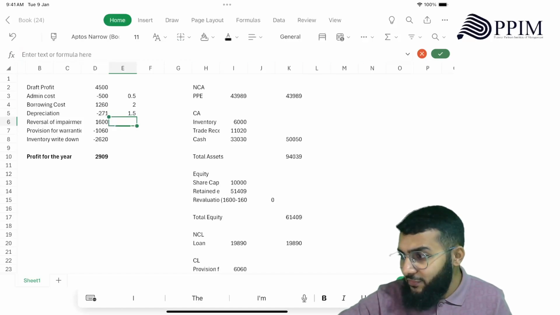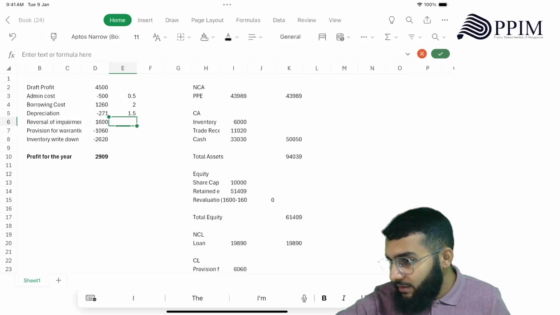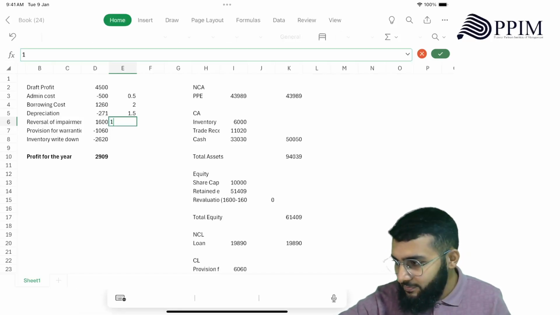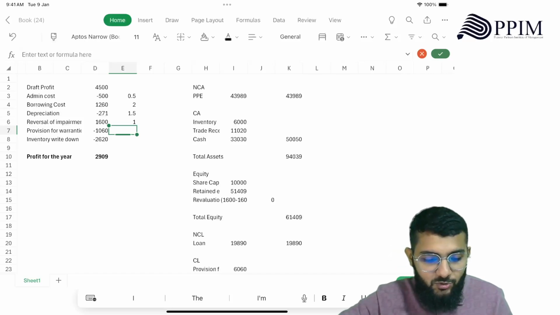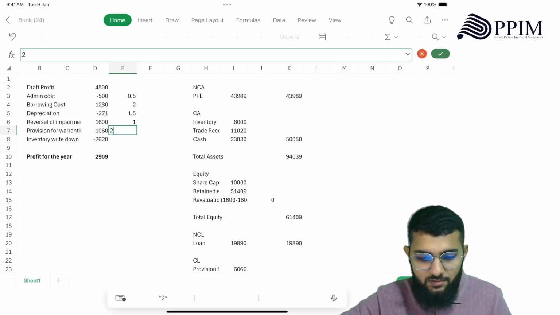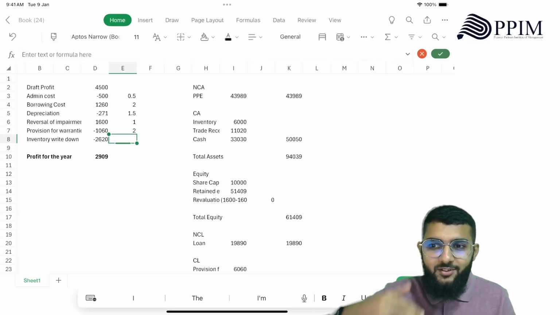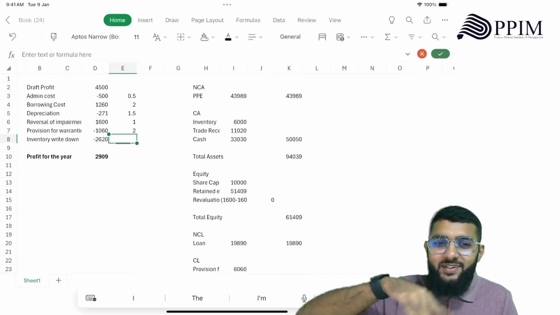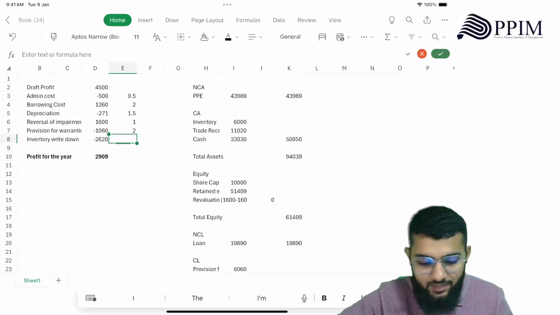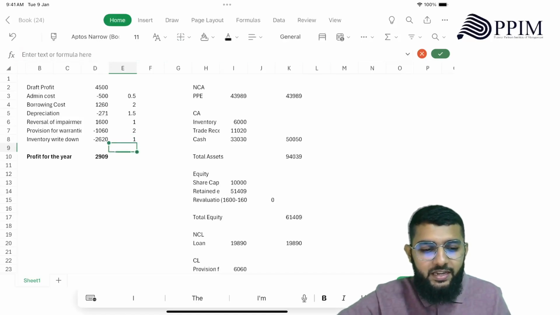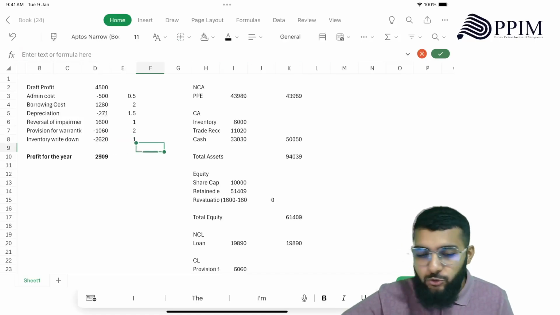Reversal of impairment gets you 1 mark. For provision, you get 2 marks. Why? Opening balance, closing balance to calculate, just to identify the difference, you're getting 2 marks. Just imagine how much good marks, right? Then 1 you get for inventory write down. Do you get marks for the final figure?